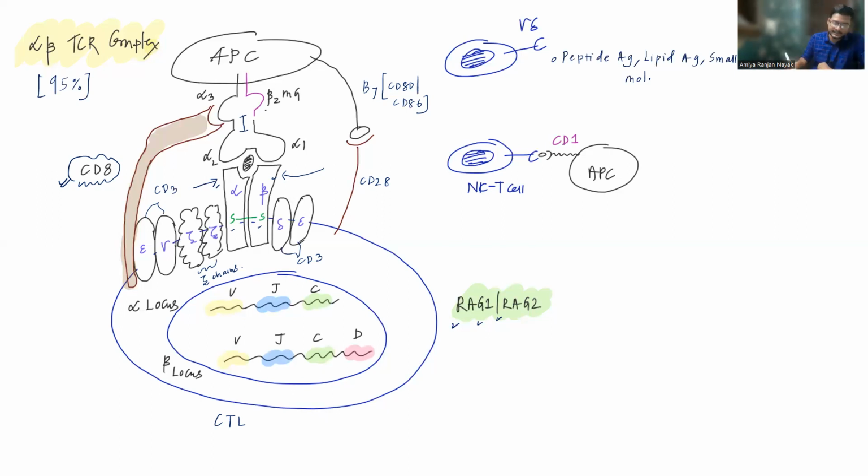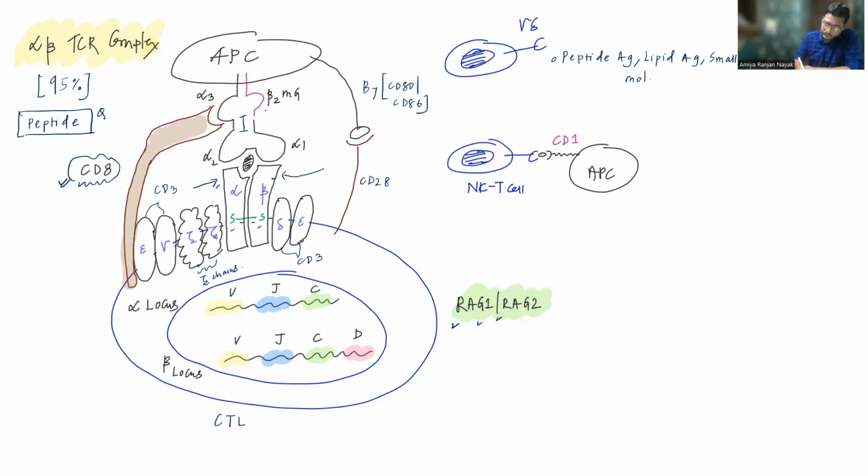Remember, the alpha beta T cell receptor can identify only the peptide antigens presented with the help of MHC molecules. However, gamma delta T cells can identify peptide antigens, lipid antigens, and small molecules without the help of MHC presentation.